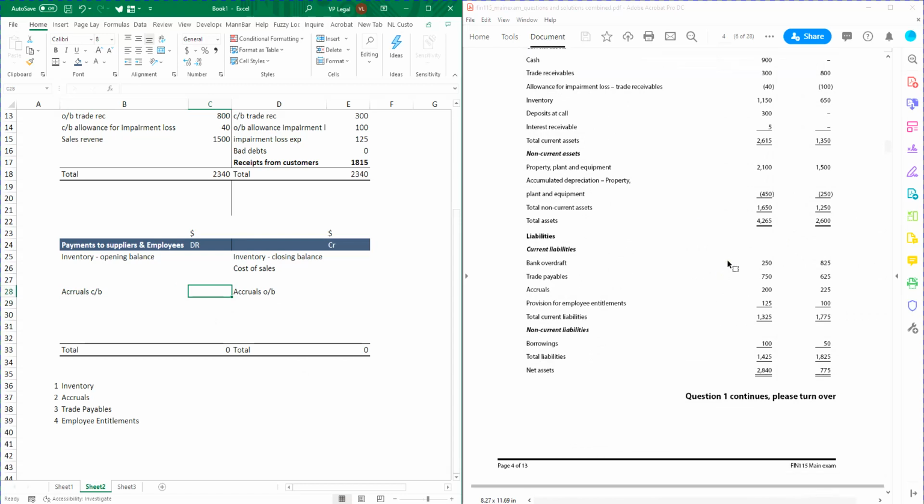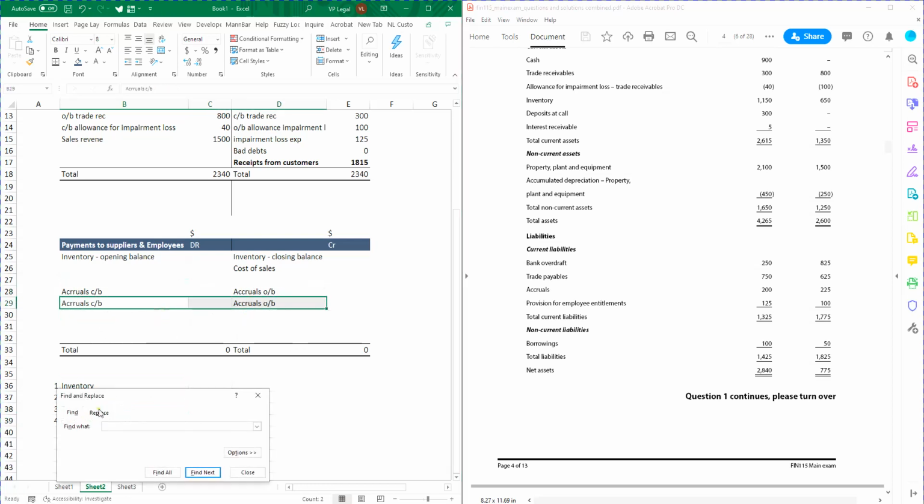Okay. That's fine. We can just work out the difference in here, net of everything. Okay, the third thing is trade payables. So that's a liability. So similar to this, we're going to have our opening balance on the right. And our closing balance on the left.